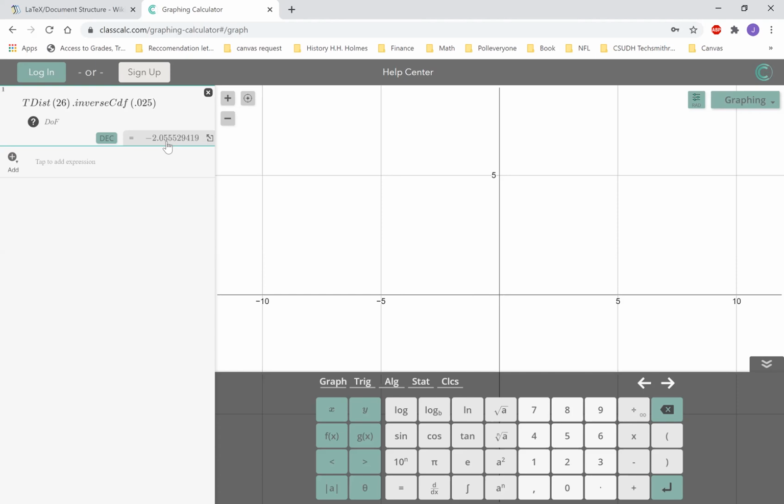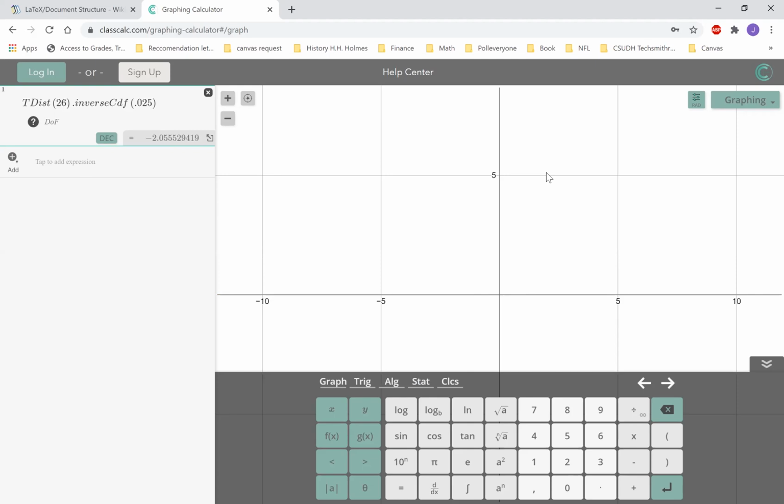So we get t alpha divided by 2 is equal to 2.06. So we're only going to use 2.06, not the entirety. All right. Everybody good on how to find the t value using the calculator?